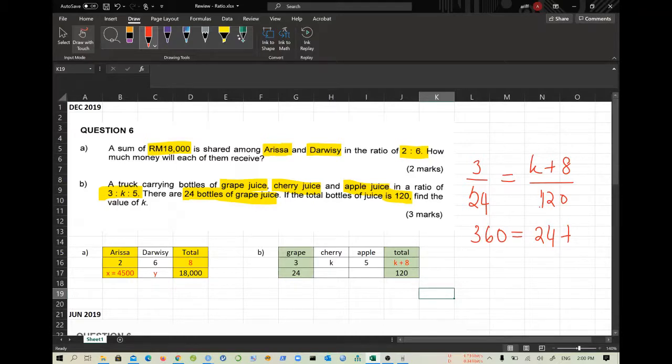Sorry, let me just erase this one first. This is supposed to be 24k, and then plus 8 times 24.